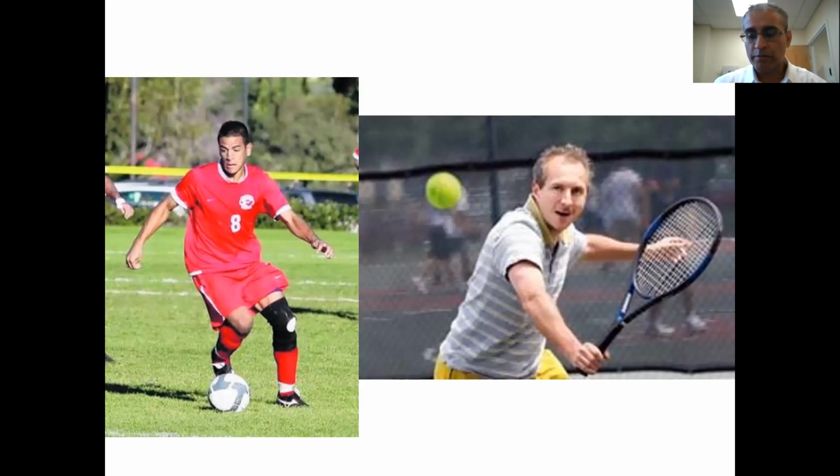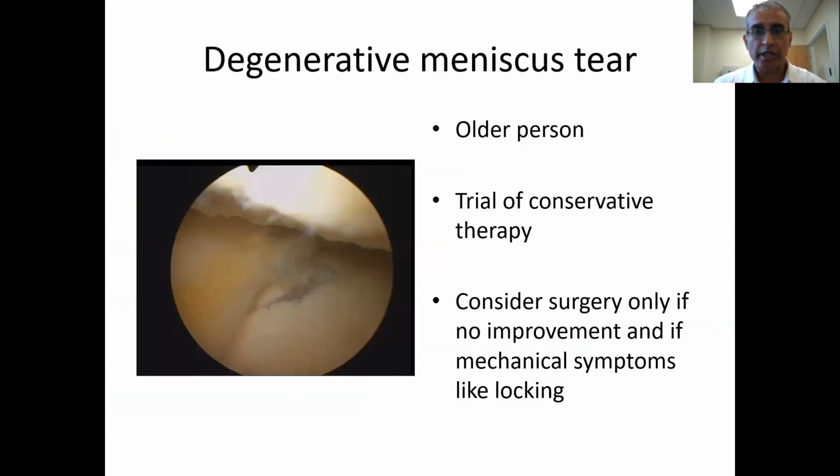This older person has what we call a degenerative meniscus tear, usually associated with some arthritis in the joint, and more often you would want to give the knee a chance to get better, and often they settle with physiotherapy and some rest. Surgery is only considered if symptoms do not improve and they have persistent mechanical symptoms like locking from a flap of meniscus tear.